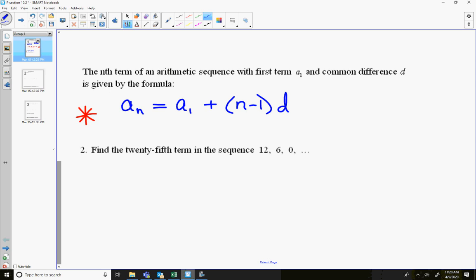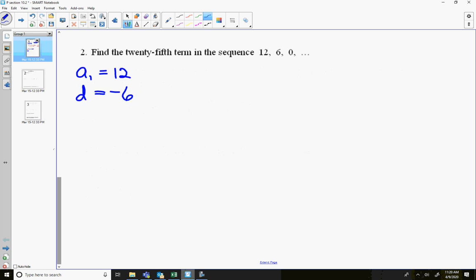So find the 25th term of this sequence. First, I need to recognize the first term of the sequence is 12. The common difference is -6, and I got that by doing 6 minus 12, or 0 minus 6, any term minus the previous term. So my common difference is -6. Now the formula.